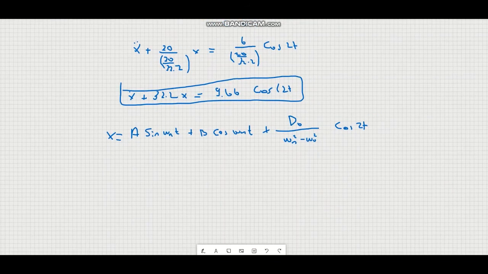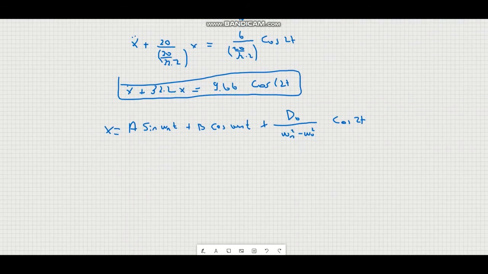So we can say for our initial conditions x at 0 is 0, and x dot, which is the velocity, because it's at rest, is 0 as well. Now with these two conditions, let's solve for the A and B terms.